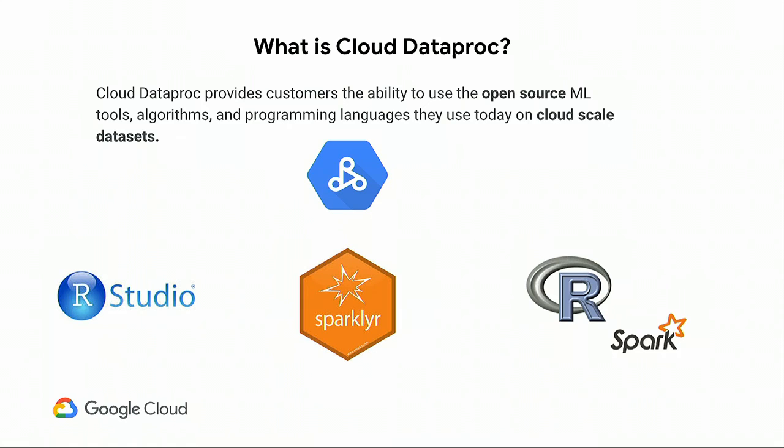So our goal with Cloud Dataproc is to let you take the open source tools, algorithms, and programming languages like R that you use today, but make it easy to apply them to cloud-scale data sets. And you can do that without having to manage tools like clusters and computers.